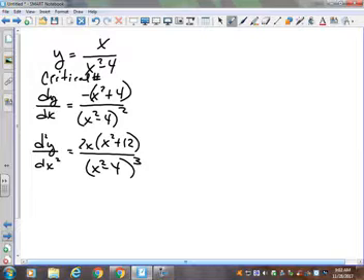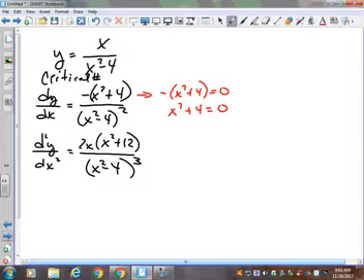All right, so to find critical numbers means to set the numerator equal to 0. So if I divide that negative off, that's not going to make any difference in the question, right? When was x squared plus 4 ever equal to 0? When can you square a number and get a negative so it'll cancel a positive 4 out and give you 0?